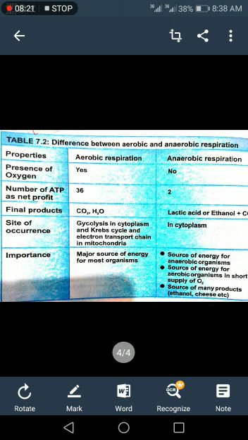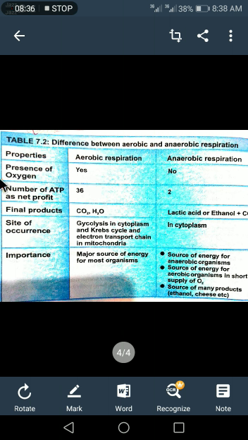Anaerobic organisms also get energy when there is a short supply of oxygen. So these are the differences between aerobic and anaerobic respiration.